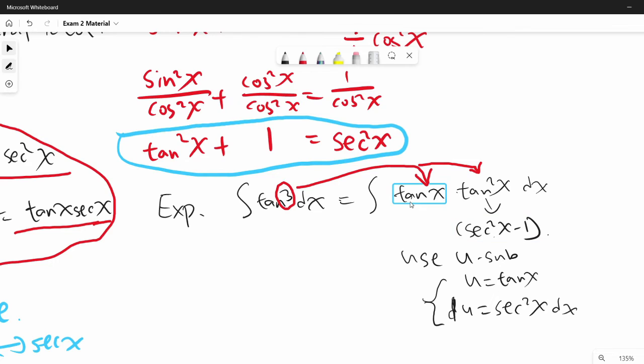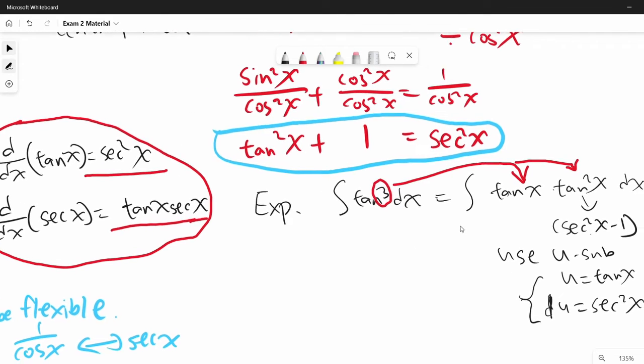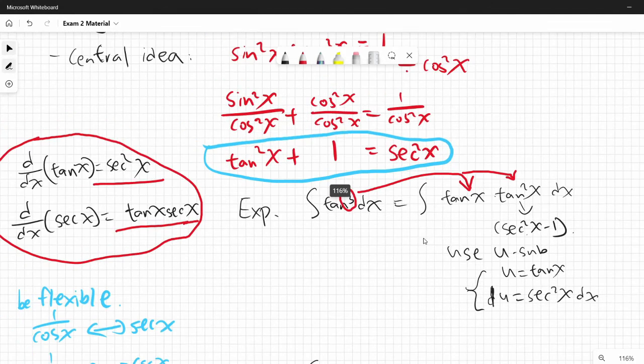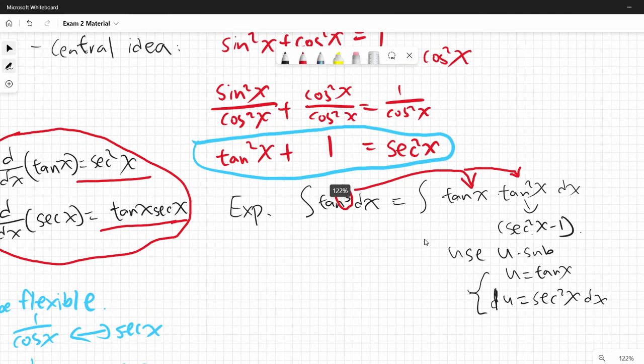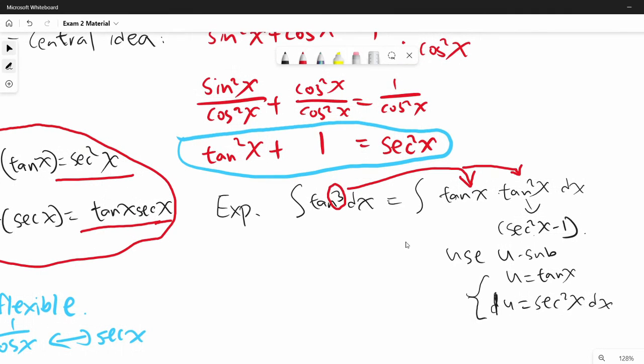And the other one will just be tangent x. For tangent x, what you do is you make it sine over cosine, and then you can make a u-sub. I'll just write it down. u equals cosine x, which is the bottom part, since it's sine over cosine.